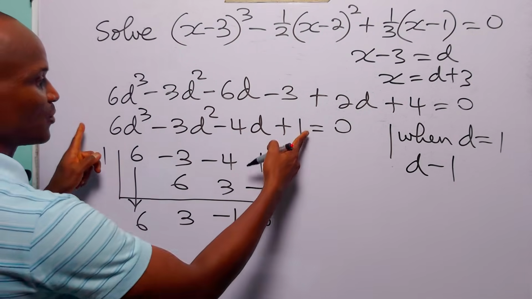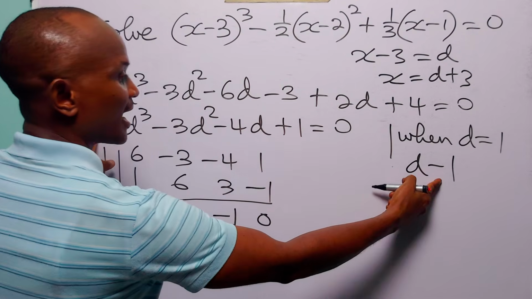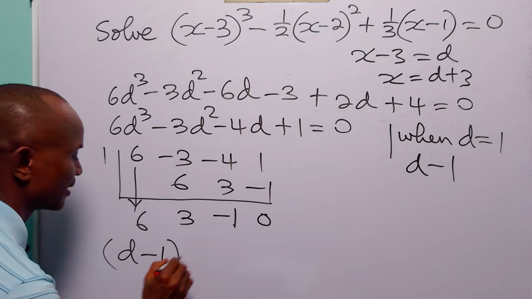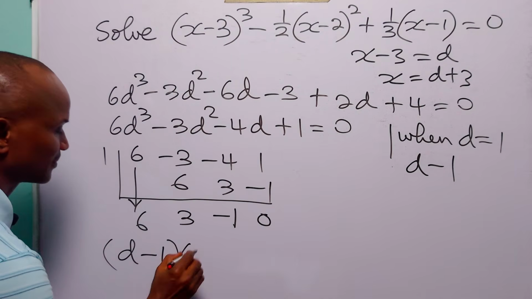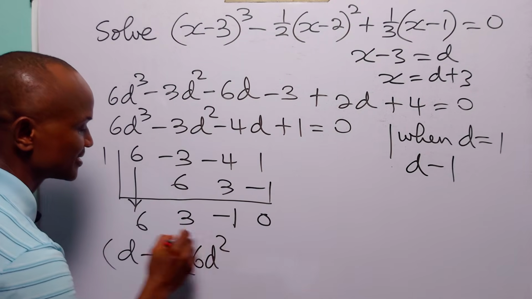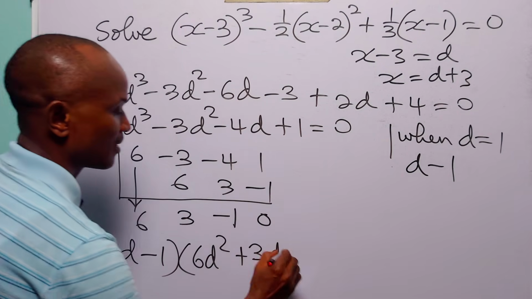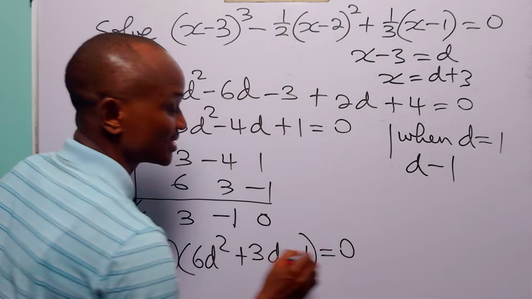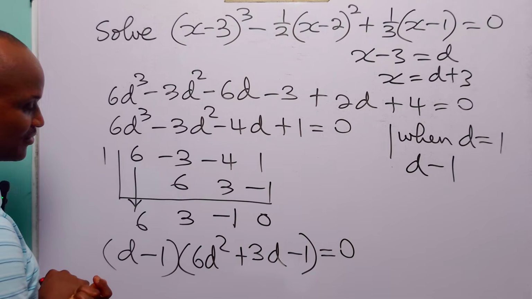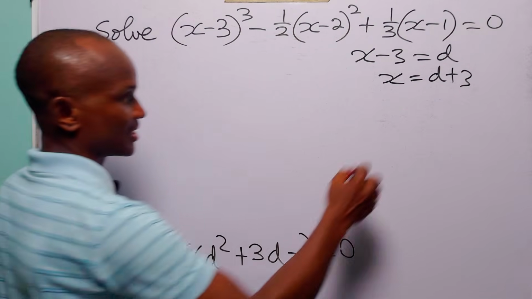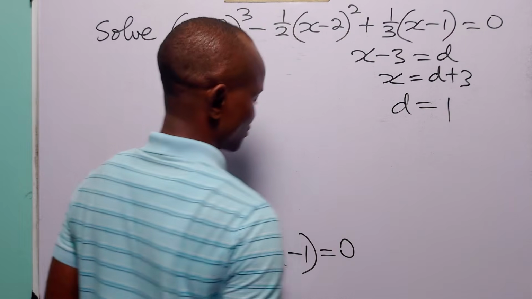So that means that when we factorize this cubic, we have d minus 1 multiplied by 6d squared plus 3d minus 1. And of course, this is equal to 0. From the linear factor, we already have that d is equal to 1.